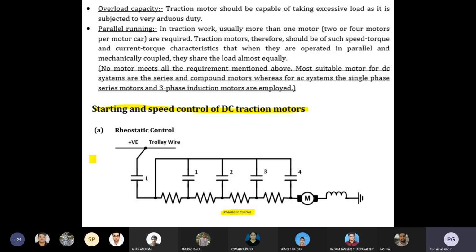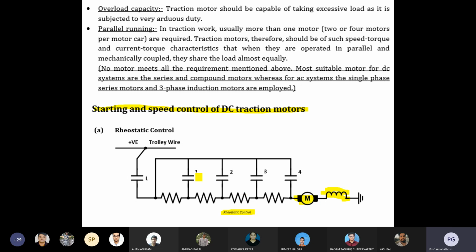Here you can see that a series motor is there, and additional resistances are connected in series with that motor. Basically you can see the armature winding. This is the field, and this is the motor armature.